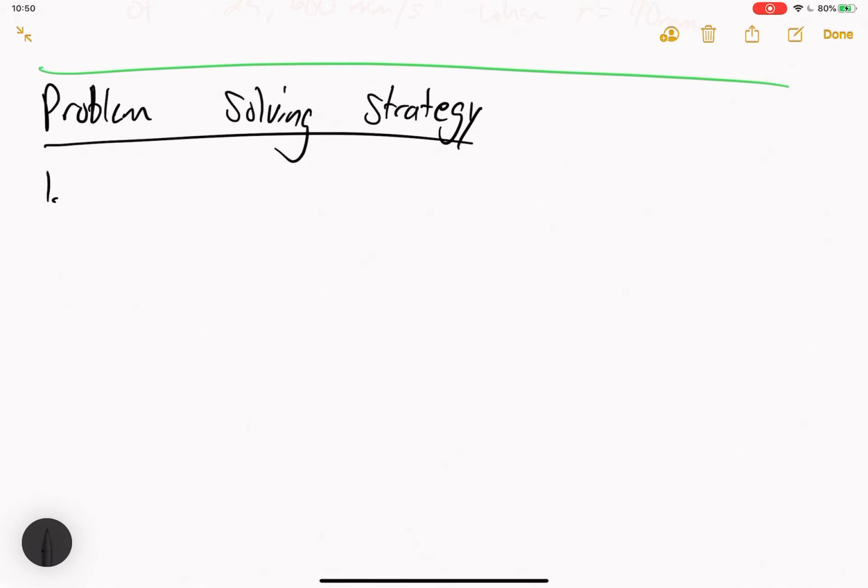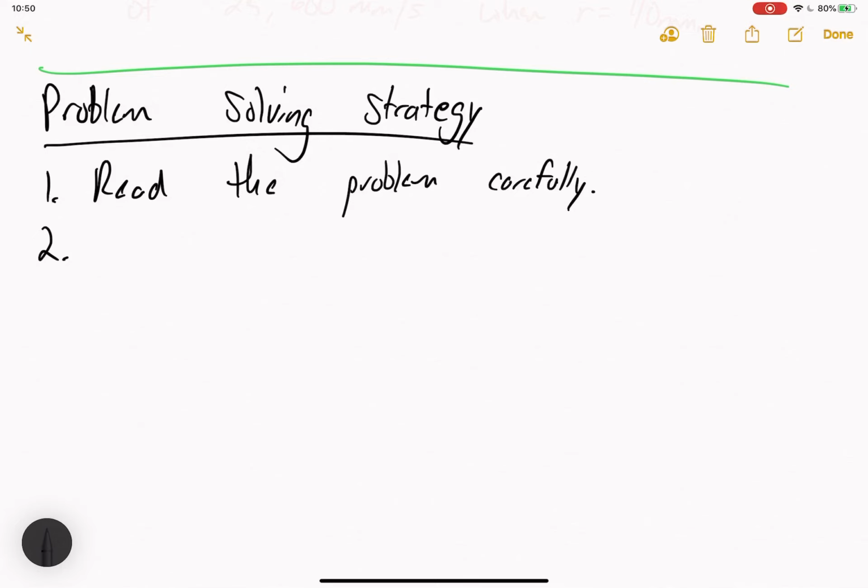So the first thing you want to do, like what I did with the pool problem, is read the problem carefully. That way you know what things are changing and what information you have.